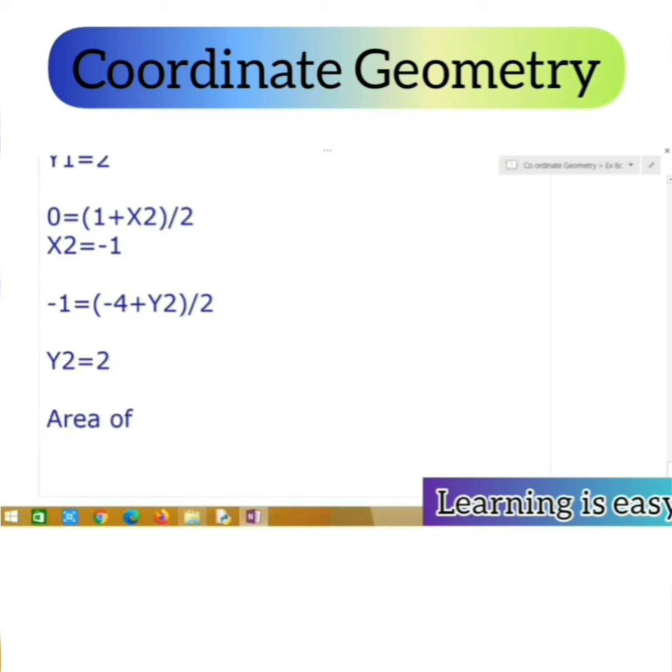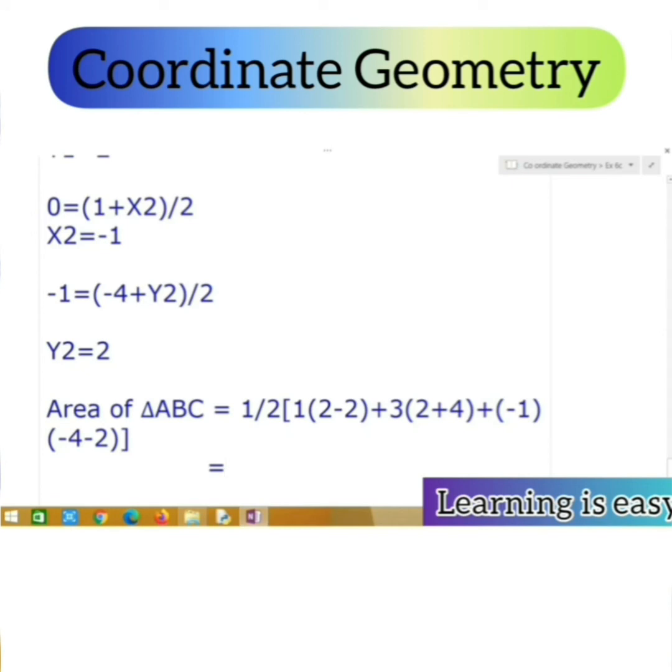The area of triangle ABC is equal to half into 1 into (2 minus 2) plus 3 into (2 plus 4) plus minus 1 into (minus 4 minus 2).